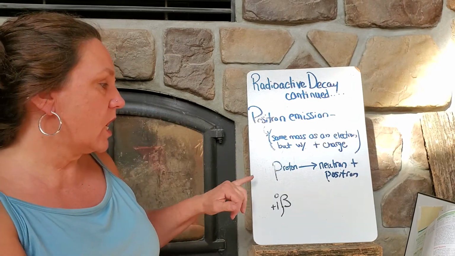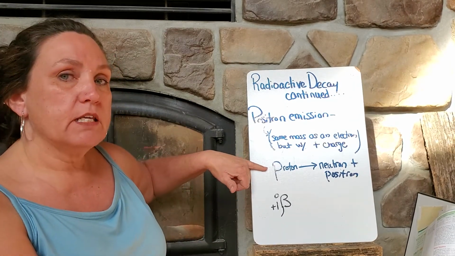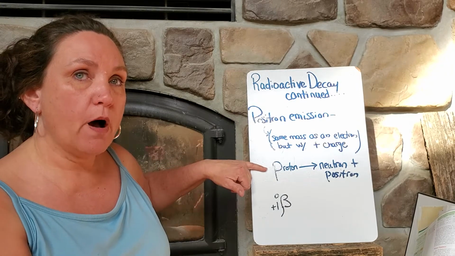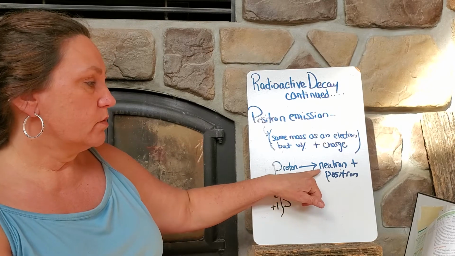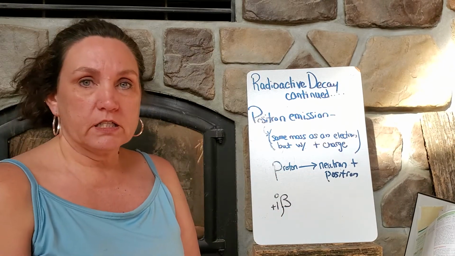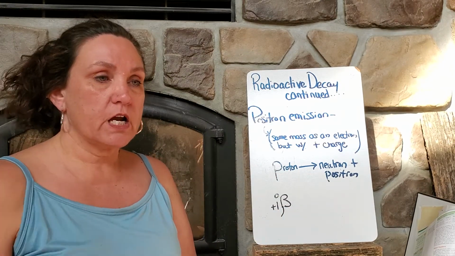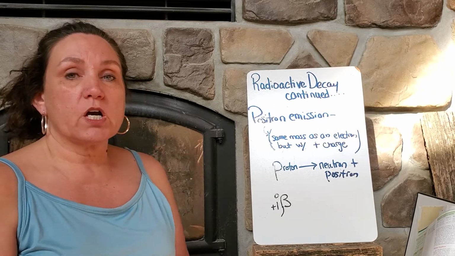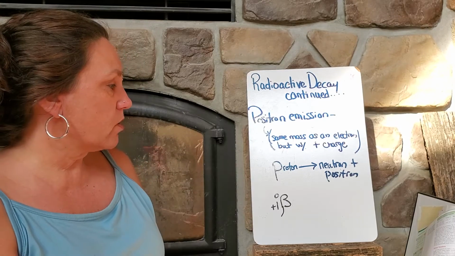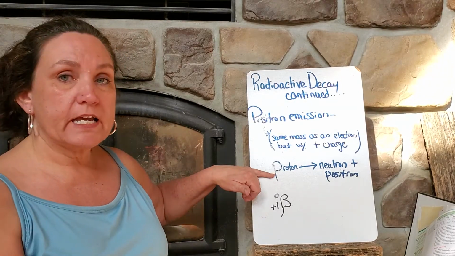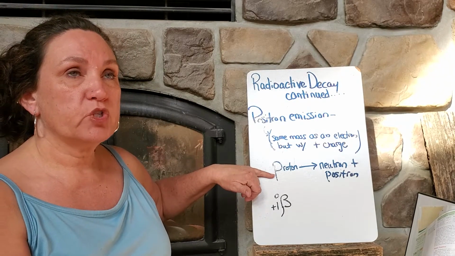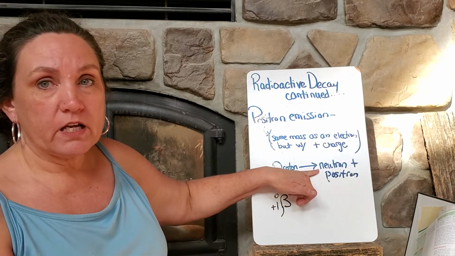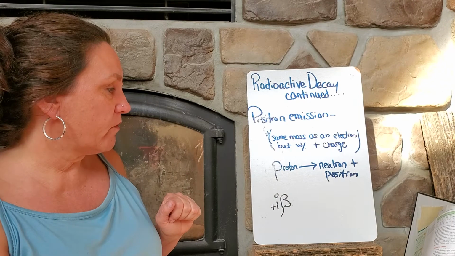So we think of a proton as being able to break itself apart into neutrons and positrons. I know that's kind of out there of what we've talked about, but the protons and the neutrons are made up of smaller particles, and so a proton can be changed into a neutron. And now we're violating all the rules we never thought we would ever violate.